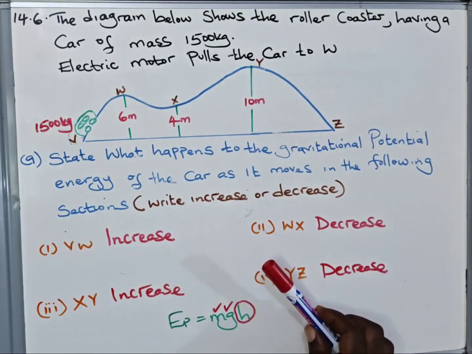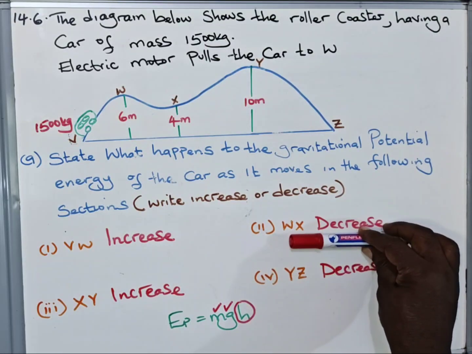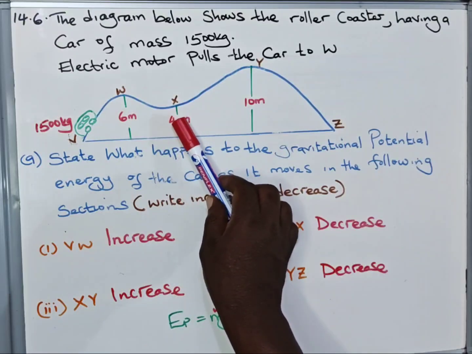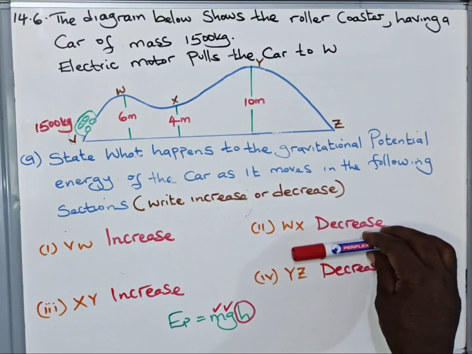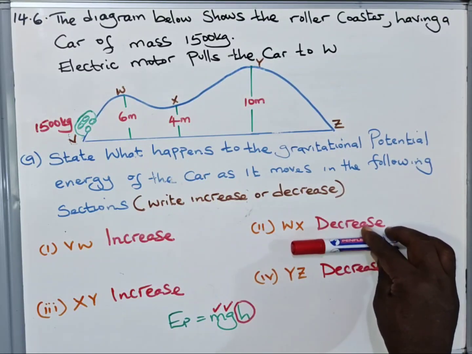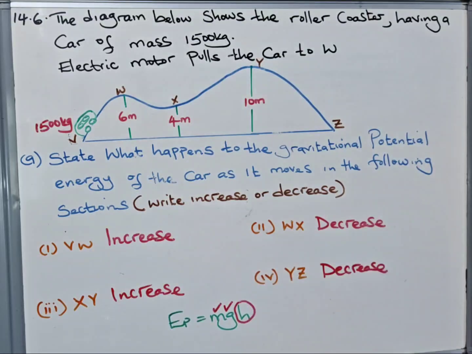And when h decreases, as from W to X, the gravitational potential energy decreases. So that's what we look for. We look for h. Increase in h implies increase in the gravitational potential energy, and the decrease in h implies decrease in the gravitational potential energy.